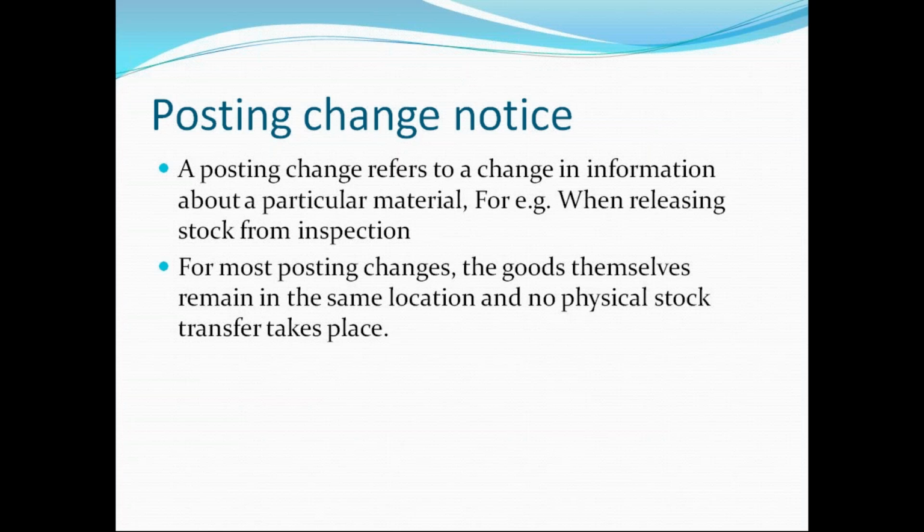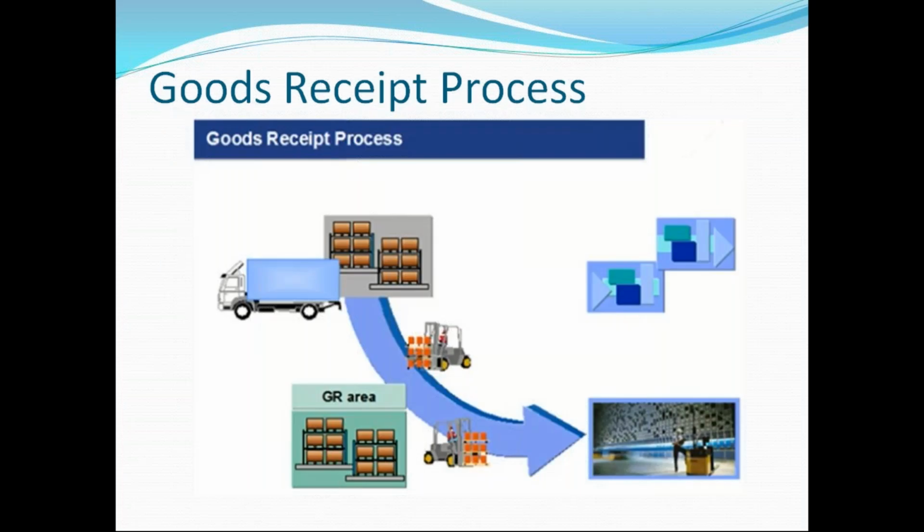So in order to use that material, once it satisfies the quality checks and everything, it will be moved. That means physically it will not be moved, but system-wise the category will be changed from quality or blocked to unrestricted, so that the material can be used for any put away, stock removal, or internal transfer of material within the warehouse process.